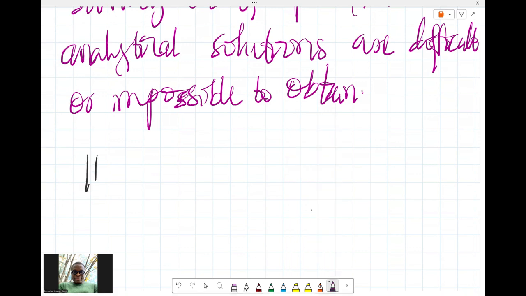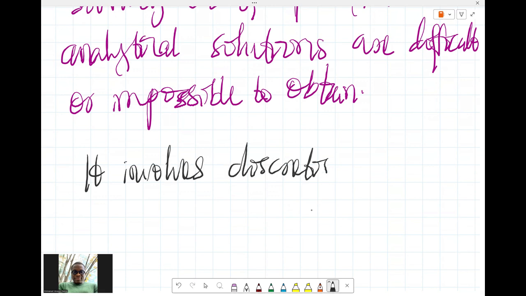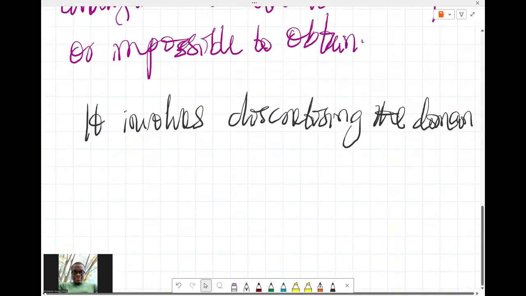The FDM, finite difference method, involves discretizing the domain. We discretize the domain. We turn a continuous function into a discrete function.